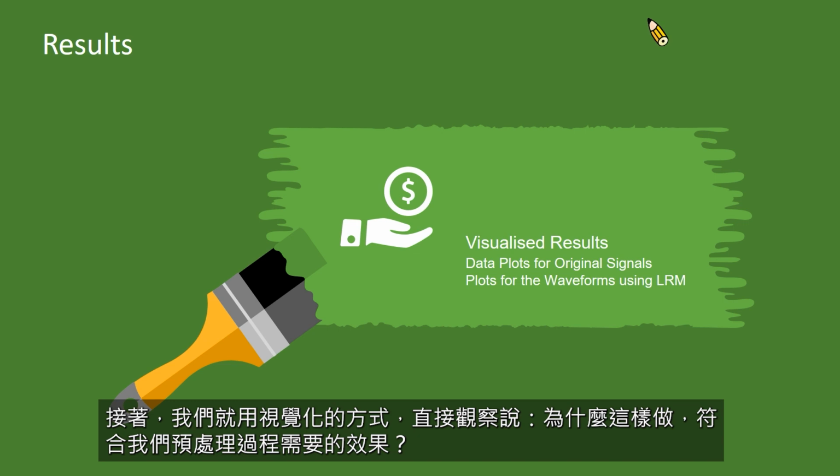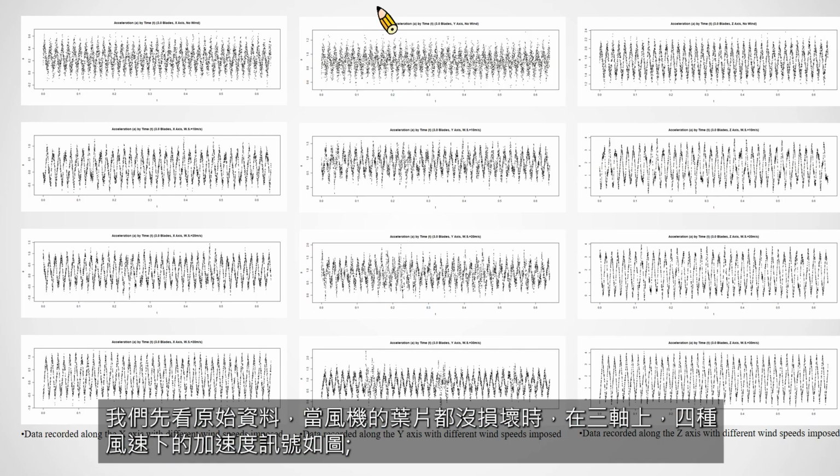Then, let's see the results obtained at this stage, including the data plots for the original vibration signals, and those plots for the waveforms using LRM. This page summarizes the source data plots for the normal case, in which no blade is out of order.